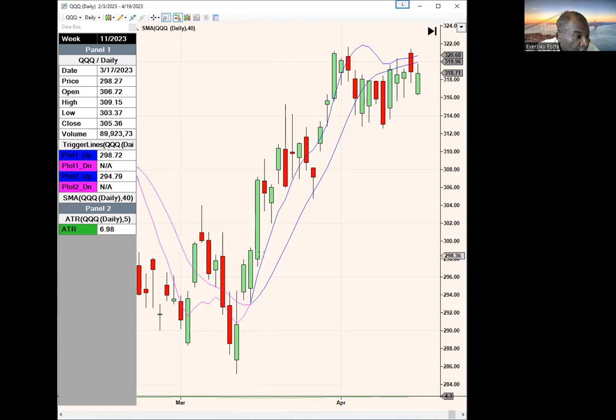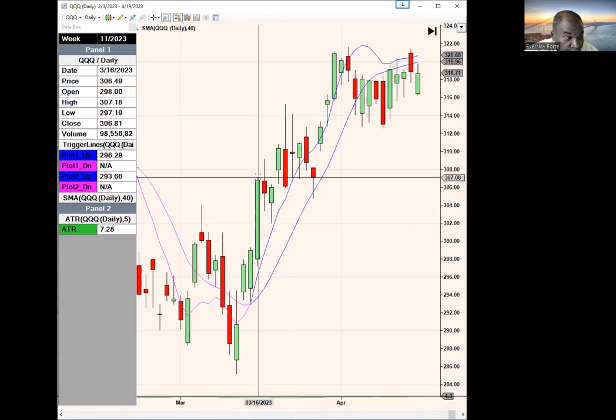So if you paid $500 for the option and it's now worth $700, and you want to protect 50% of your profit, you'd put your stop on the option at $6. That protects 50% of your profit.